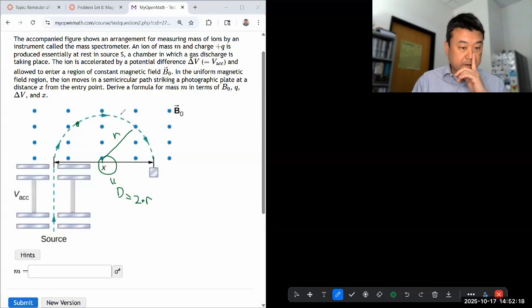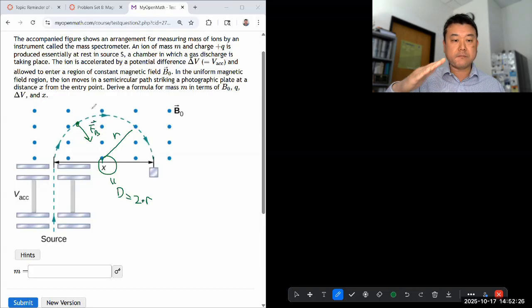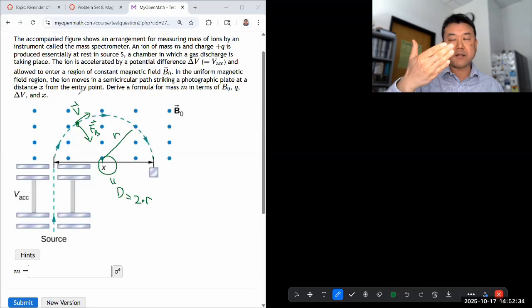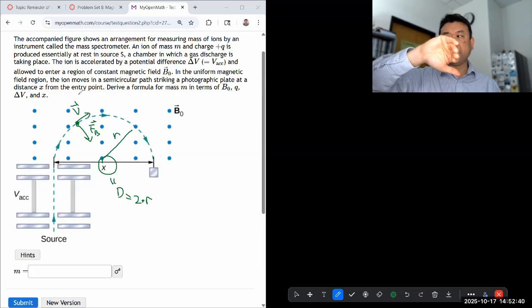Here the magnetic force, so from the path this ought to be the direction of magnetic force. Let's just double check to be sure. The v is going this way, so for the point I picked, this is the direction of v. The magnetic field is coming out of the screen.